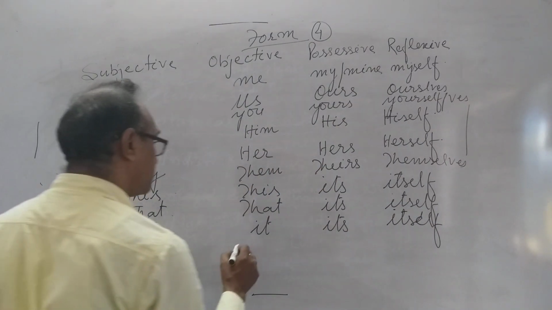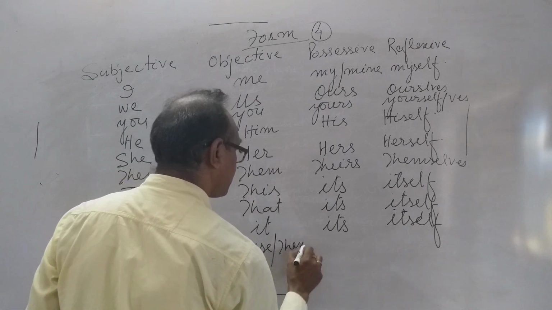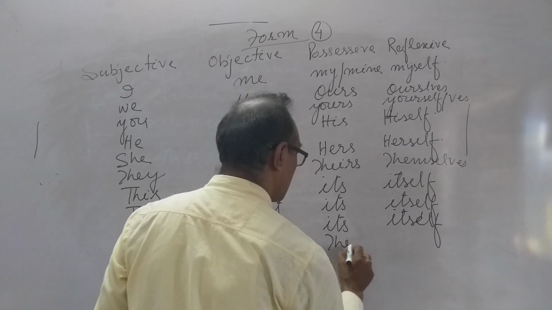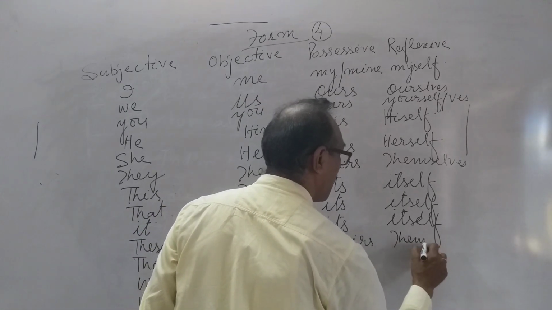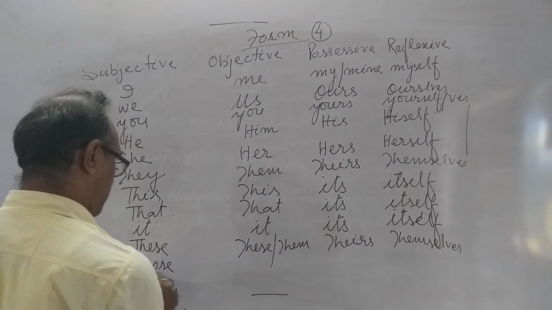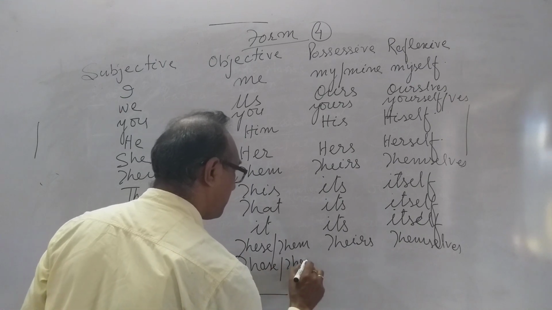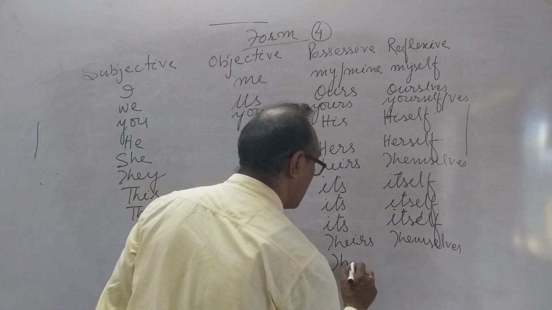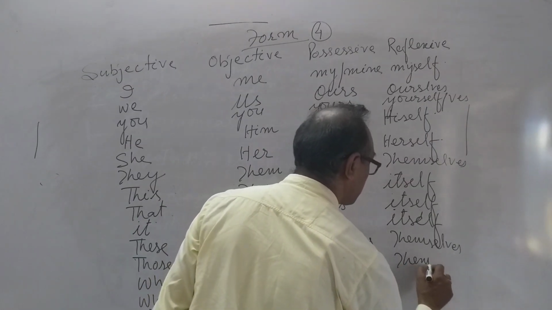For these, it can be these or them, theirs, themselves. For those, those or them, theirs, themselves.